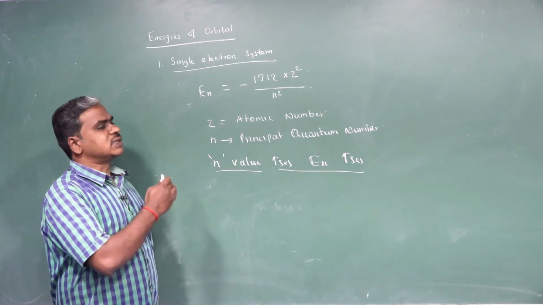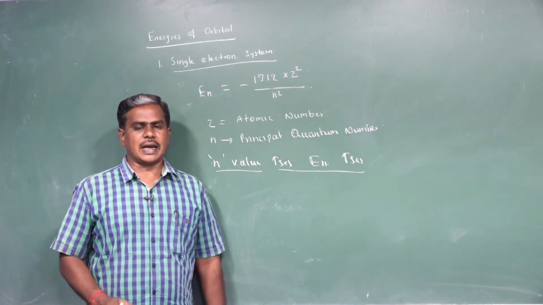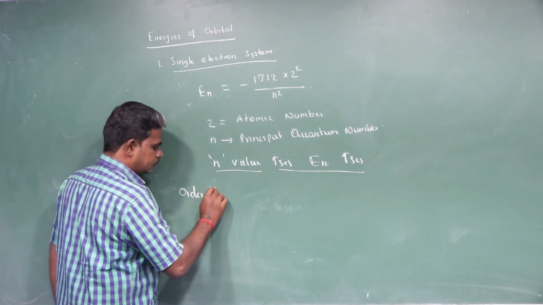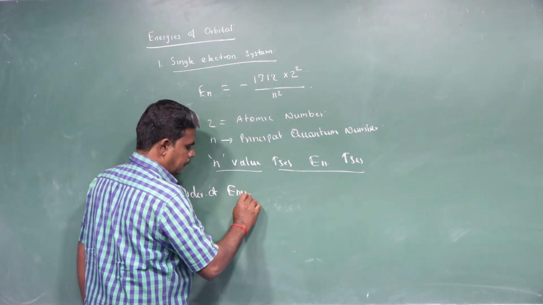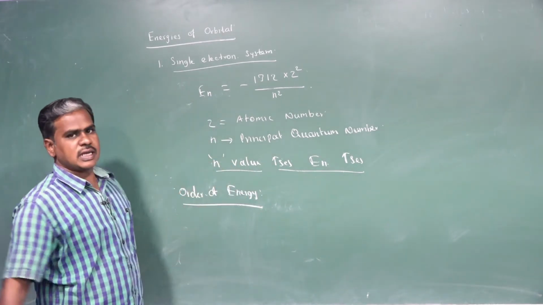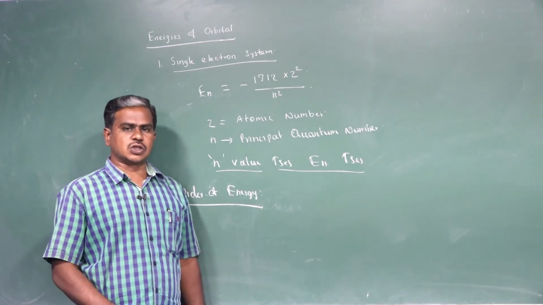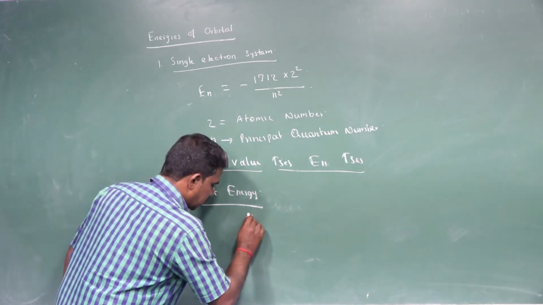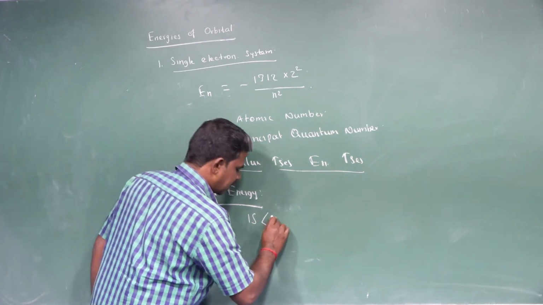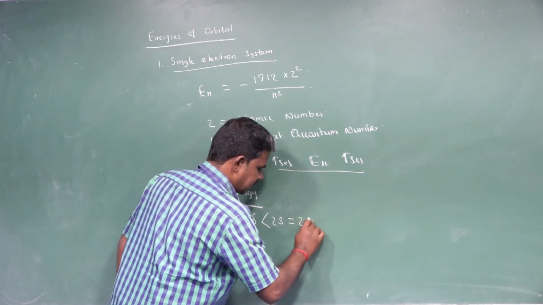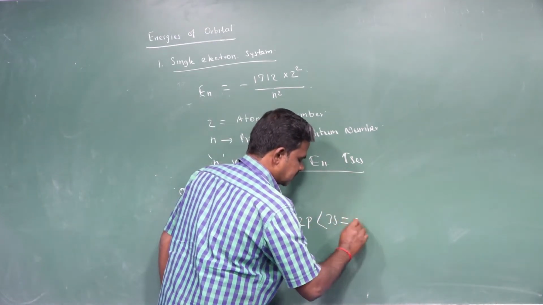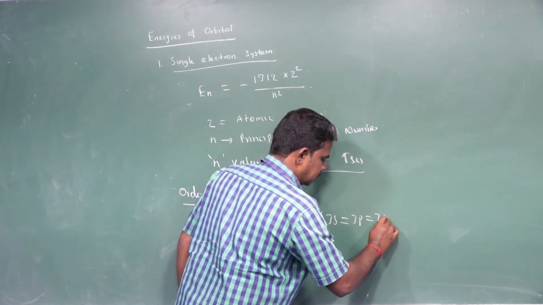It is for a single electron system like hydrogen. So, here the order of energy: as the n value increases, the energy of the orbital also increases. So here 1s has lesser energy than 2s, which is equal to 2p, then 3s which is equal to 3p and 3d.